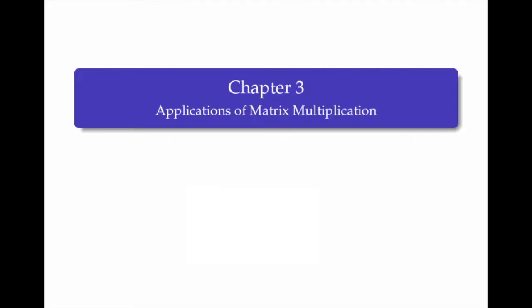Okay, so now let's talk a little bit about applications of matrix multiplication. And this is just a quick introduction to give you an idea why we perform matrix multiplication the way that we do. And the main application that you'll see is with systems of equations. So matrix multiplications that occur with a set of unknown variables creates a system of equations.